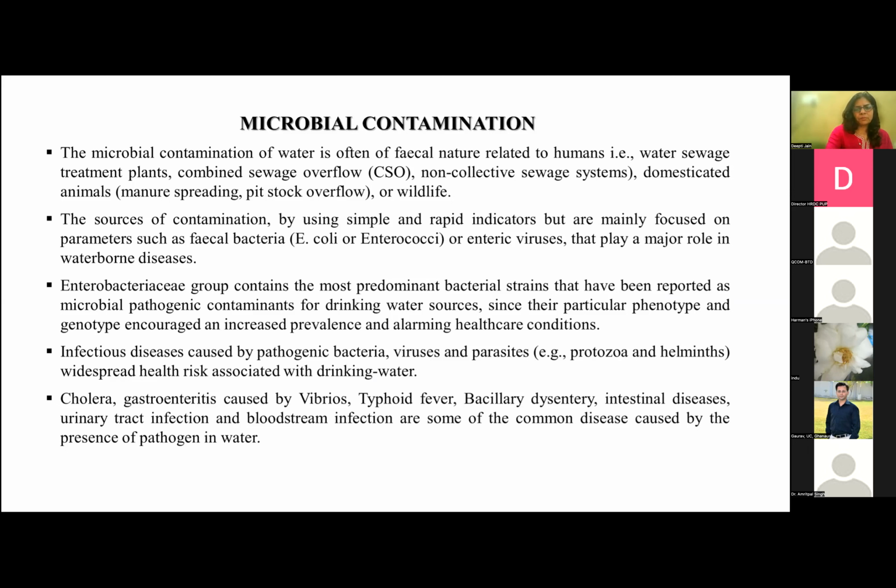Now, the most important thing is determination of heavy metals, whose concentration is increasing a lot nowadays because we are using things in which metals are one of the constituents, and which are being discharged in water, which is being supplied to open land.